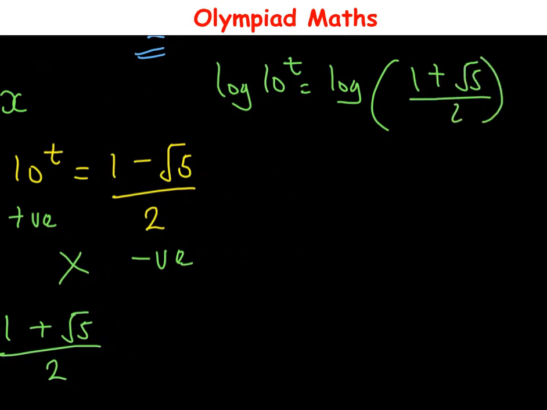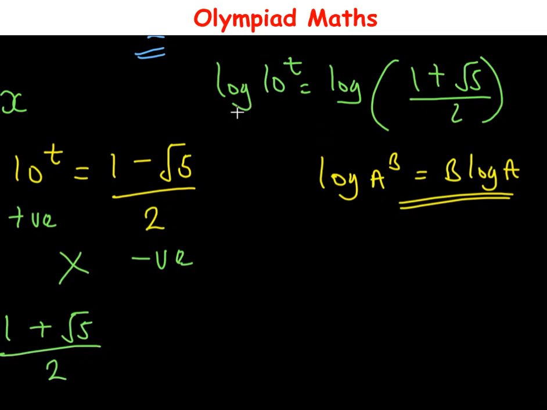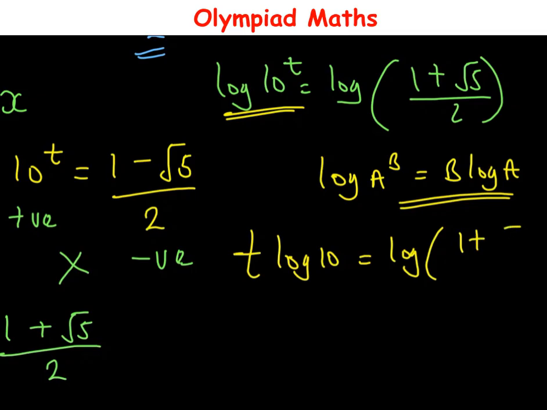There is a rule of logarithm that if you have logarithm of a raised to power b, this equals b times logarithm of a. Applying this rule, t becomes t times logarithm of 10 is equal to log in brackets (1 plus root 5) all over 2.